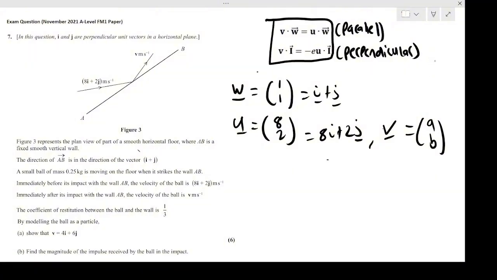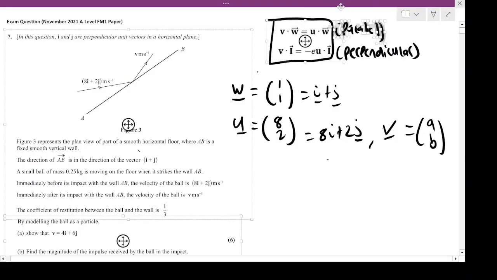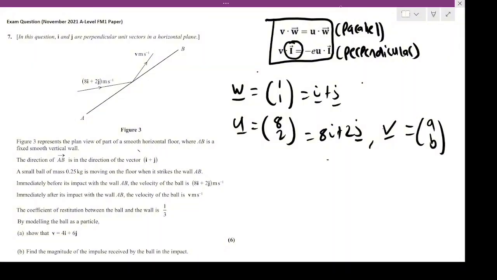Now before we can go ahead and apply these two equations, you'll notice the final missing ingredient is the I here. That is your impulse. Remember, impulse is always perpendicular to the wall.